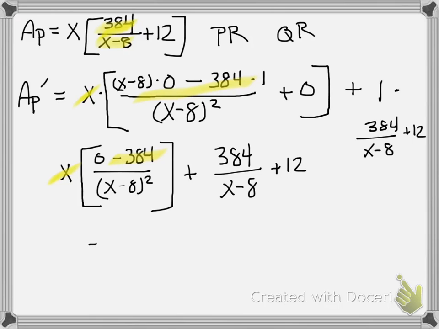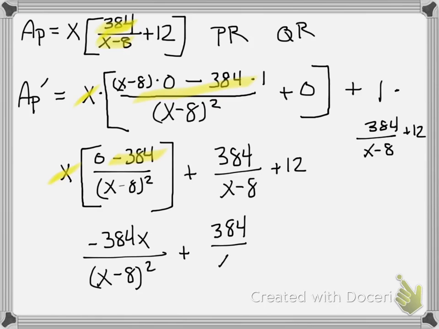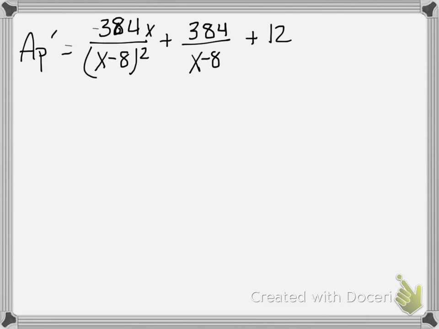So we're going to have negative 384x over (x minus 8) squared plus 384 over x minus 8 plus 12. So this should be the derivative of the area of our poster.